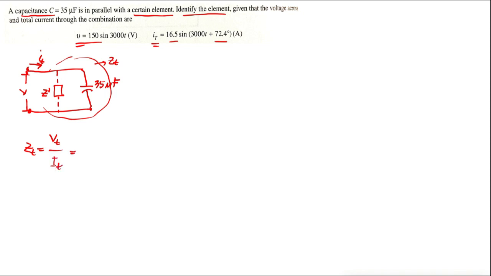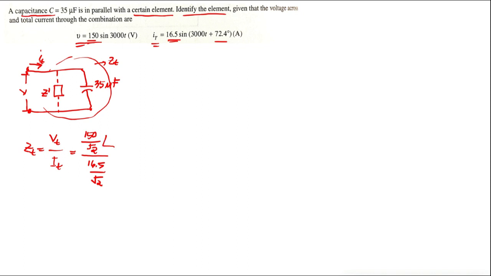The V sub t, which is 150 sine 3000 t, we make this 150 an RMS value because this is in peak value. To make that an RMS or effective value, you divide it by square root of 2. So also with the current, this is the peak value 16.5, divide it by square root of 2.